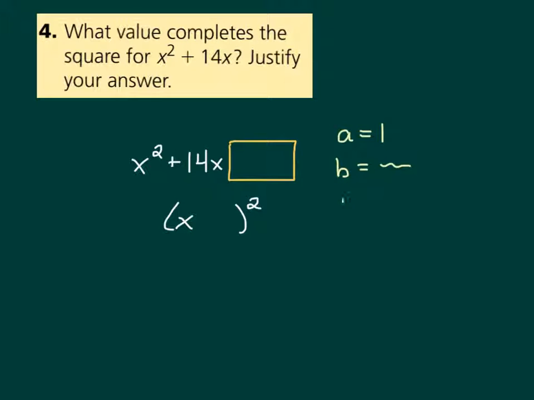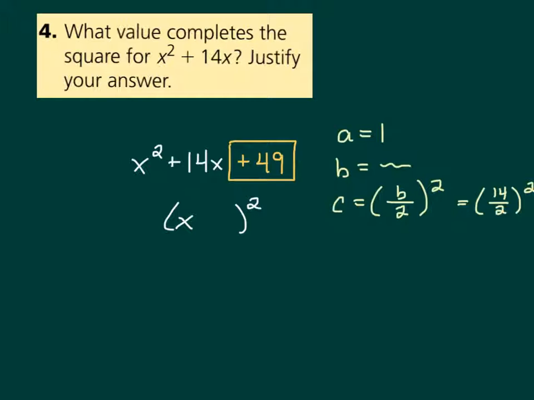To complete the square, c has to be b over 2 squared. So in this problem, that is 14 over 2 squared. So just like we said, this should be plus 49.